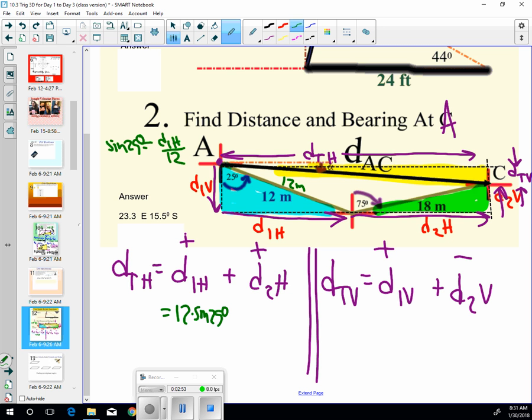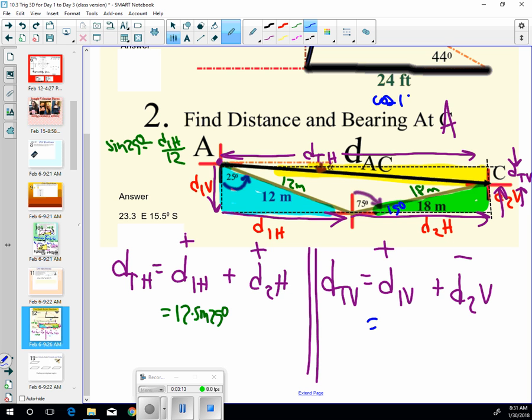d2h is going to be adjacent over hypotenuse, and the hypotenuse is here. So we're going to make this one the cosine of, if this is 75, what's this little angle in here? 15 degrees.